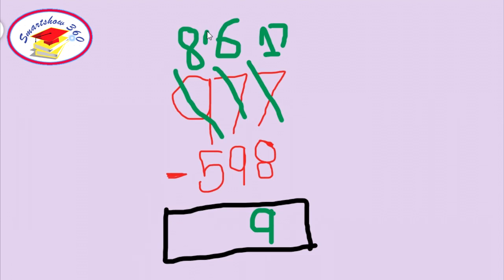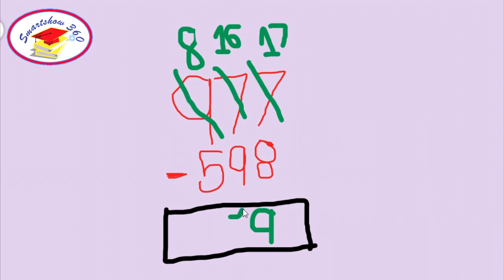And 6 becomes 16. So I will write 16 here. So 16 minus 9 equals to 7. Or am I wrong?